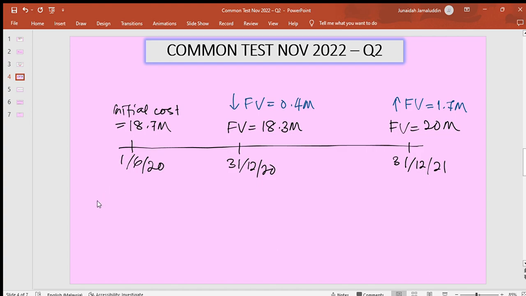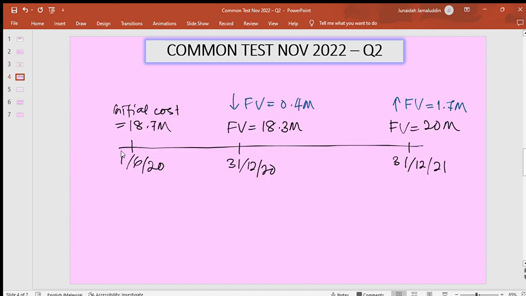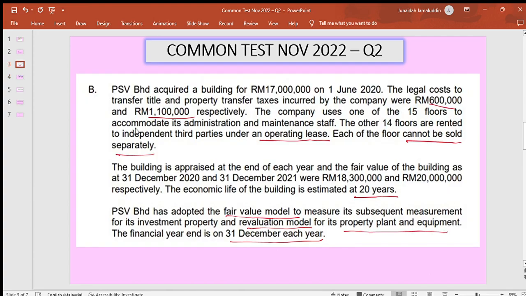Okay, so it is mentioned that the building was acquired on 1st June 2020, and the total initial cost is 18.7 million. So how do we get this 18.7 million? If we refer to this question, the price of the building is 17 million.